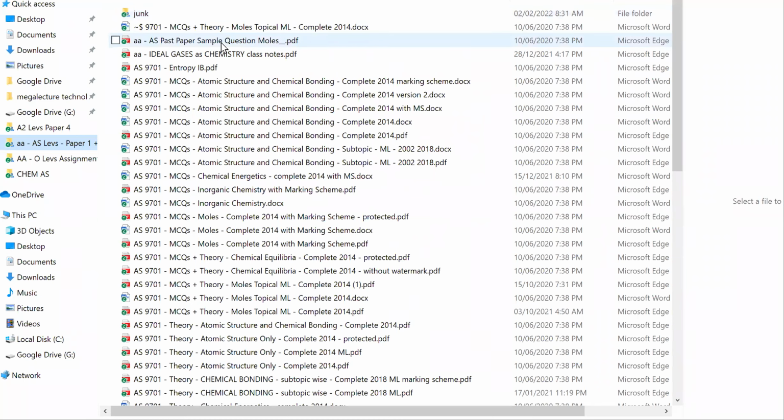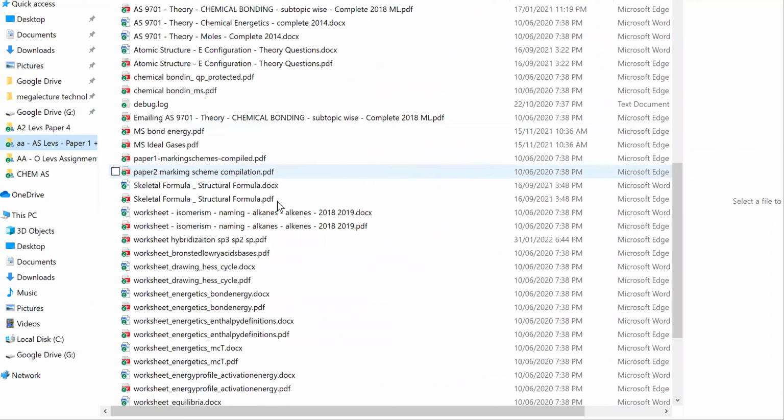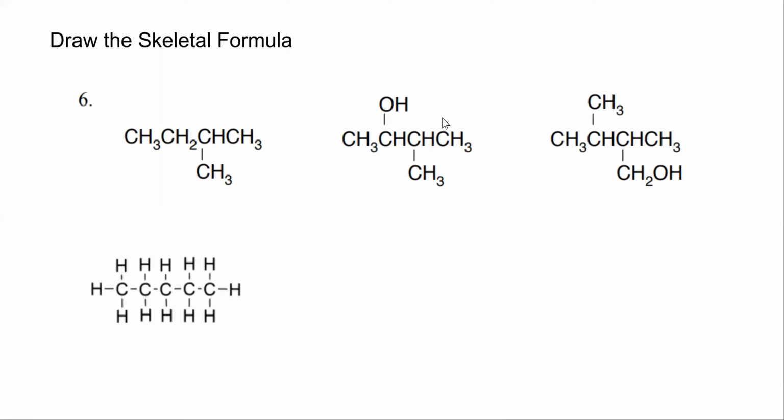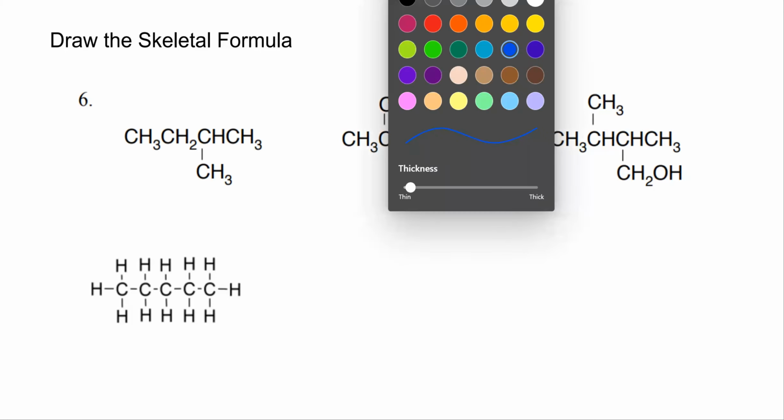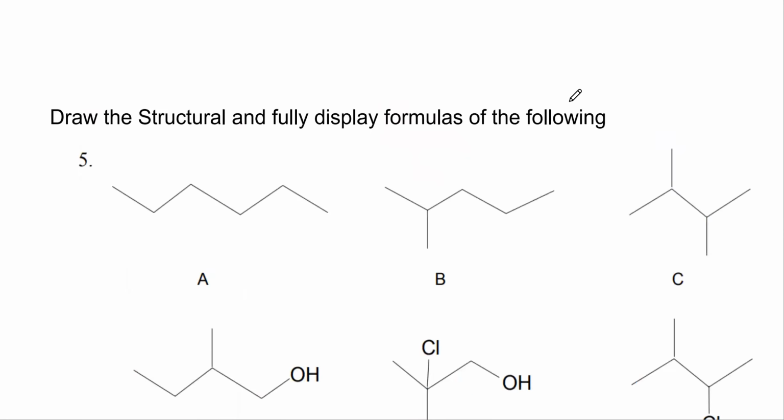Skeletal formulas, skeletal structural formulas. We can try and write all of these different types of formulas on this and practice them. Starting with this one, let's try and write the skeletal formula.